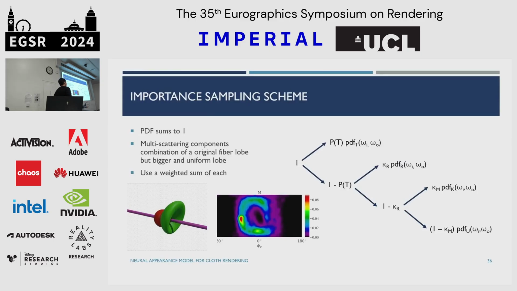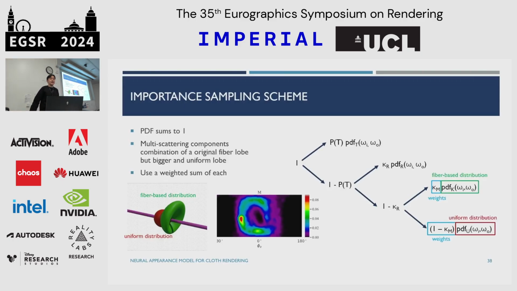After observing it closely, we notice that it's a combination of the original fiber-based distribution, but on a much larger scale, and the uniform distribution. As observed in the radiance distribution map, this is how it would look in 3D.